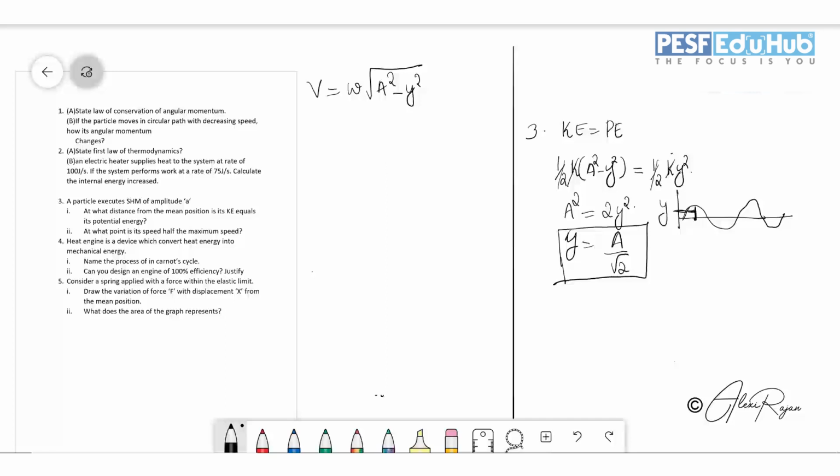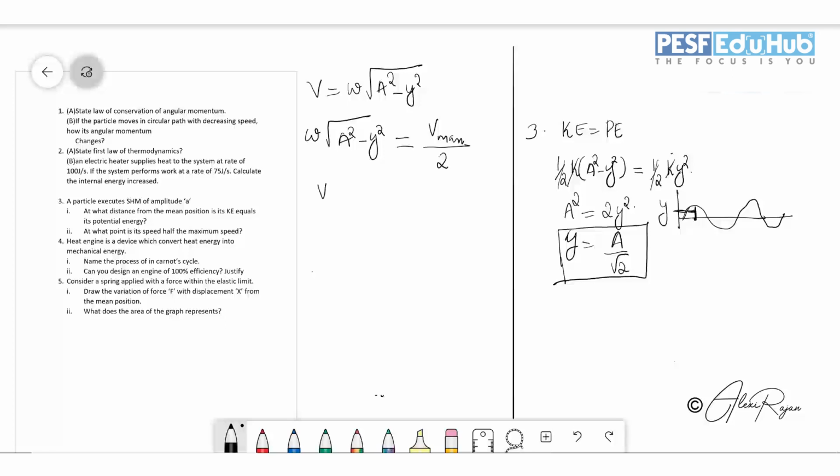So you want to find out at what point omega root a square minus y square will be equal to V max divided by 2. So whenever you see V max, you want this particular equation.